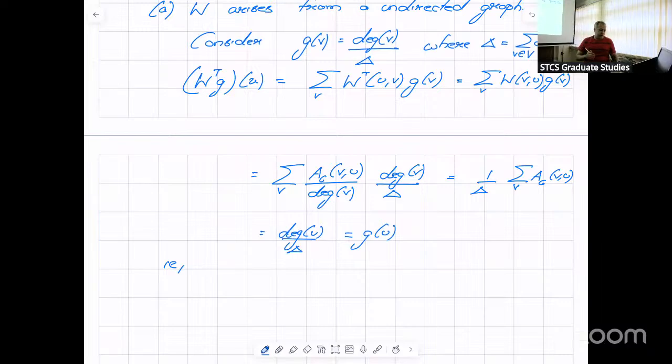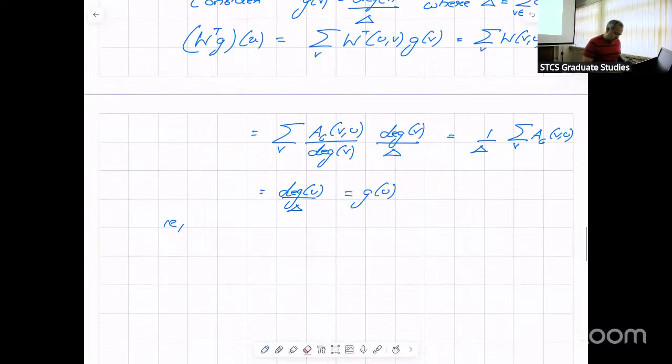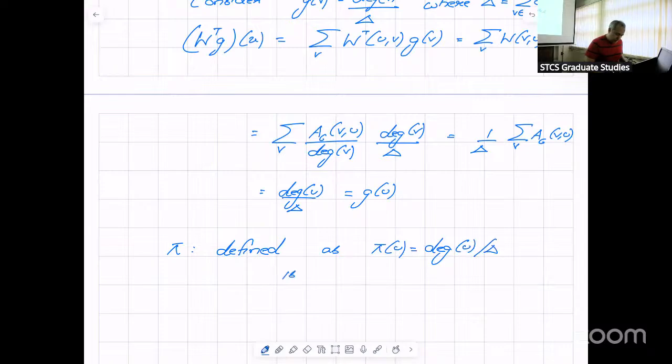So at least in the case of undirected graphs, we define pi(u) equals degree of u by delta, and this is a stationary distribution. In fact, by what we have said, it is the stationary distribution.